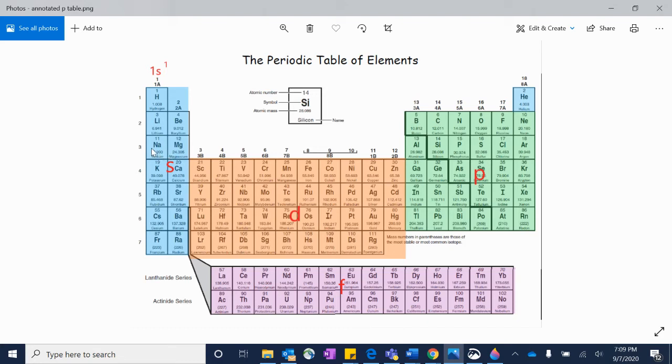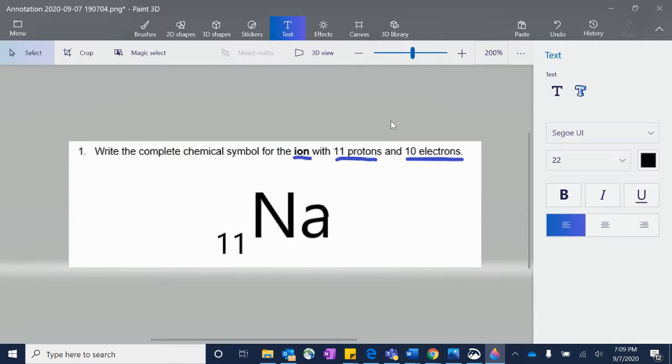Let's assume that we're using a sodium atom that is the most abundant isotope, which should be very close to the rounded number for this atomic mass. So let's assume that we're working with a sodium 23 atom. 22.990 rounds up to 23. So let's put 23 up in our top left corner.